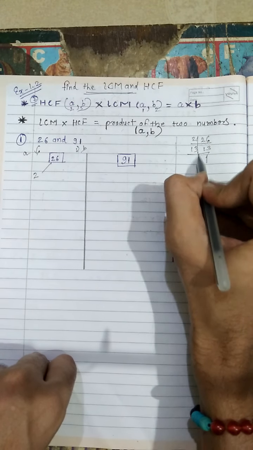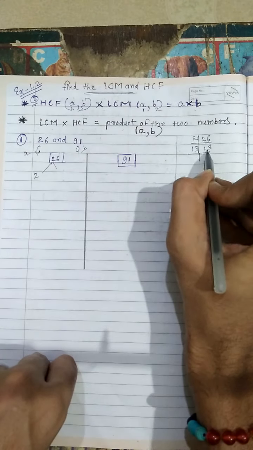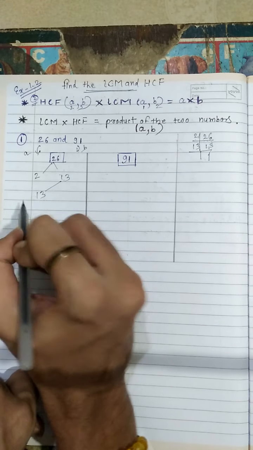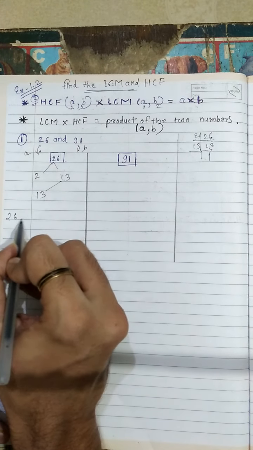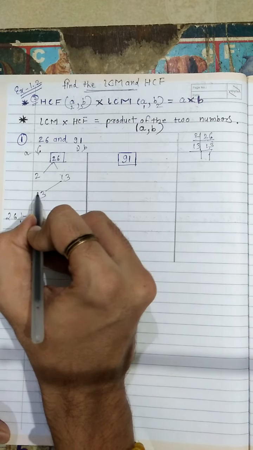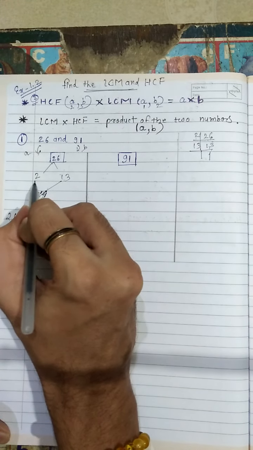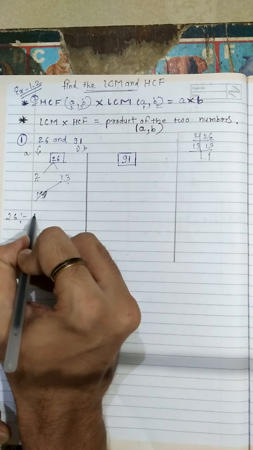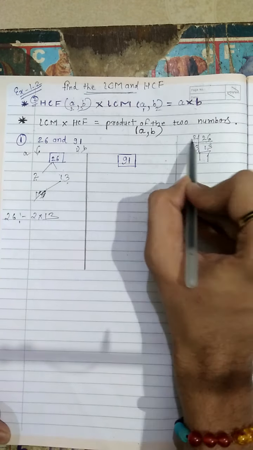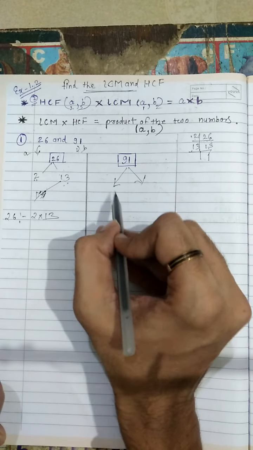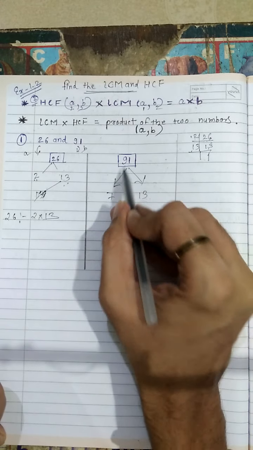So 26 has the two factors 2 and 13. I am writing here 2 multiplied by 13.